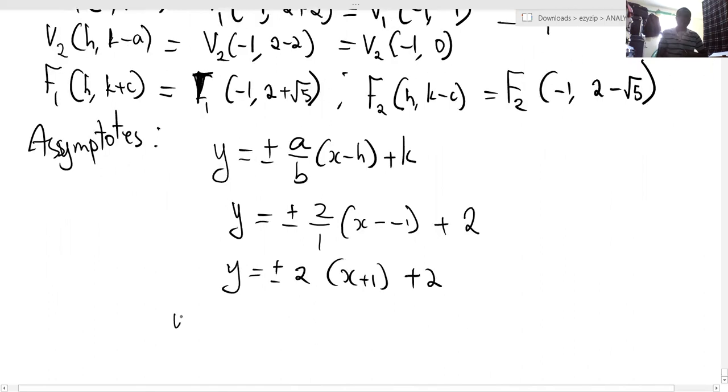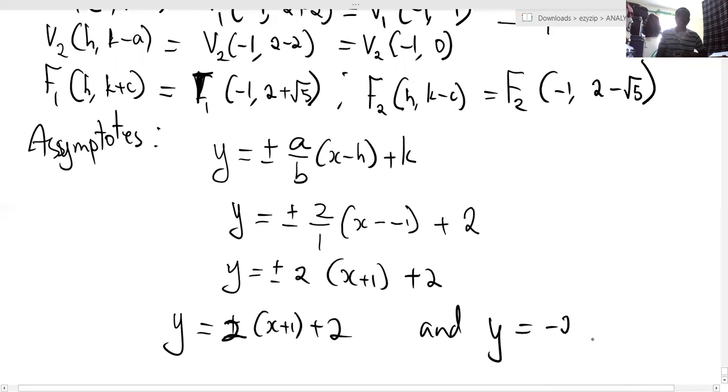And then we'll have y equals plus or minus. If I take the positive one, I have 2 into x plus 1 plus 2. And the other one would be y equals -2 into x plus 1 plus 2.